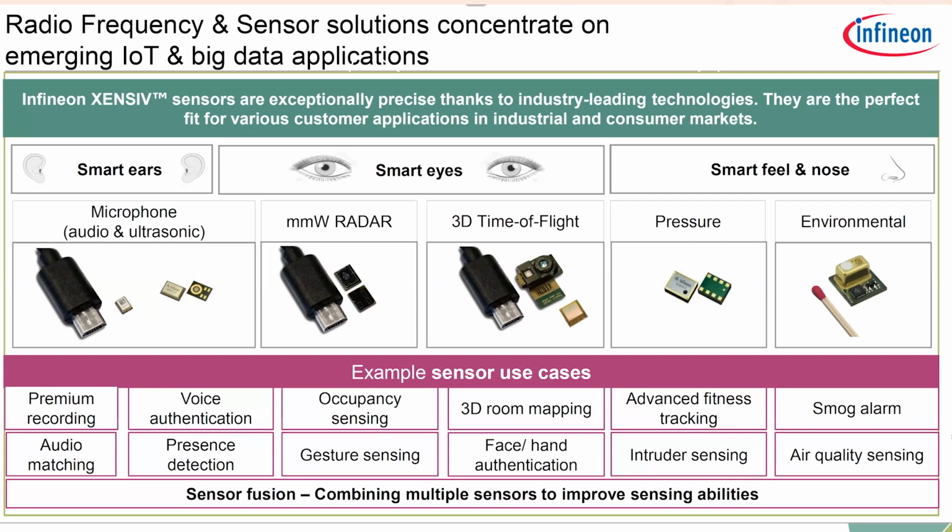First example would be a very simple MEMS microphone where we have very good MEMS technology with high SNR as well as high performance that we can use for better listening, not just the MEMS microphones that are out in the market today, but even more performance and higher specifications that allow not just premium recording, but being able to authenticate voice properly, being able to identify an acoustic event and being able to process that, whether it's, let's say, glass break, gunshot, EMS sirens, things like that.